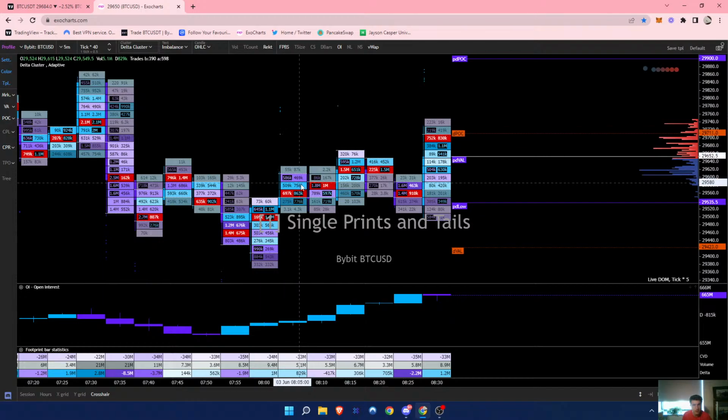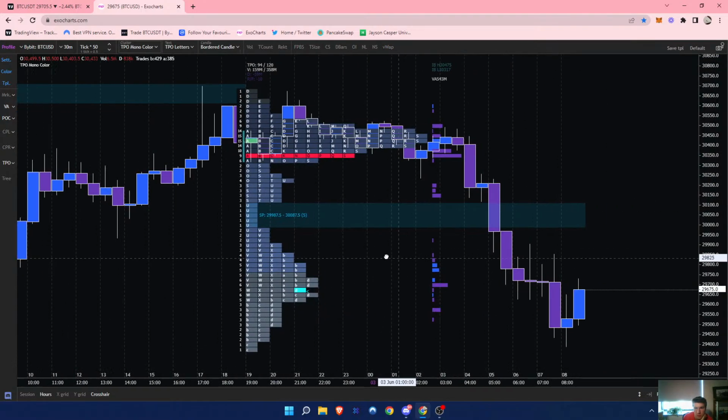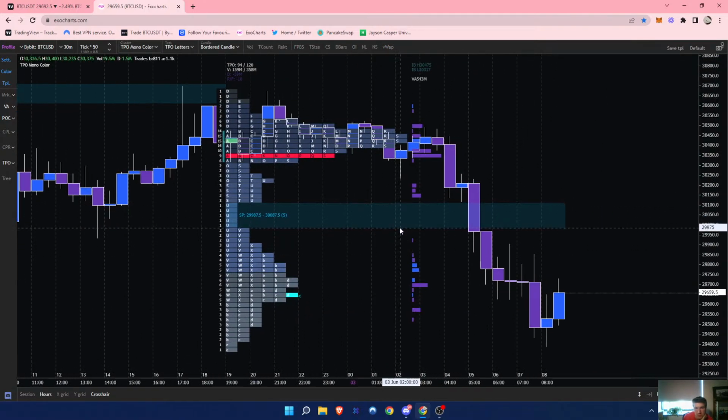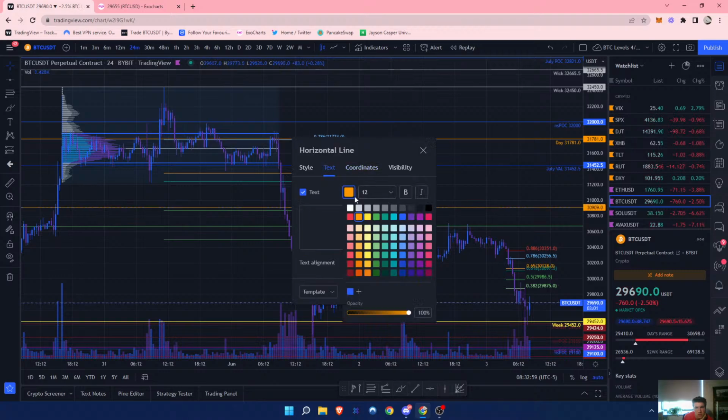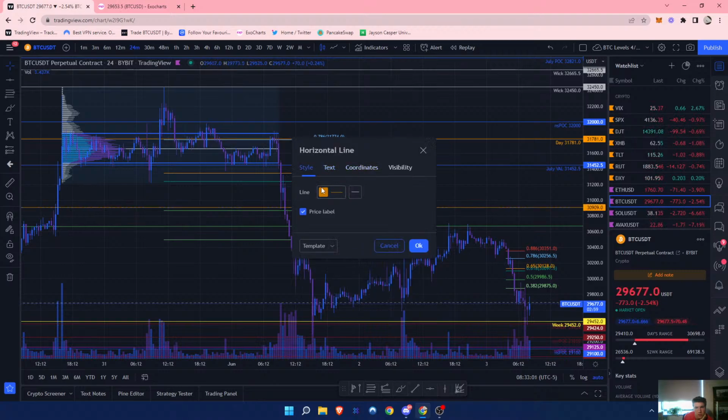Let's see if we have any single prints. Oh yeah, we have a single print. Only a row size of 5 really, but could be a possibility we come up here. So, 29987. I'll make these blue.